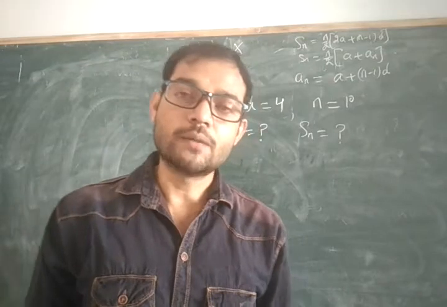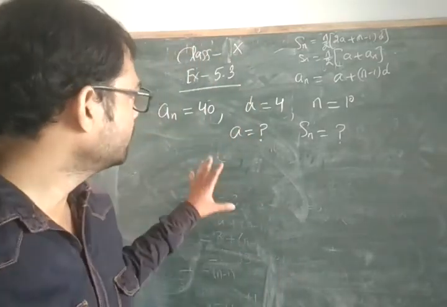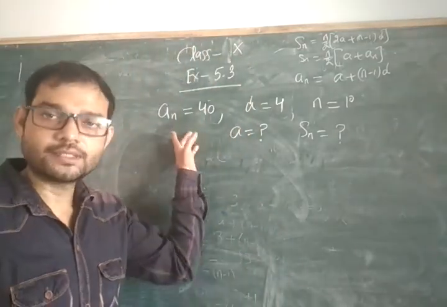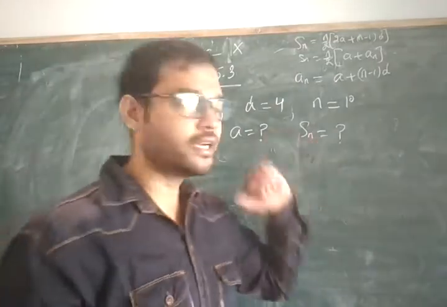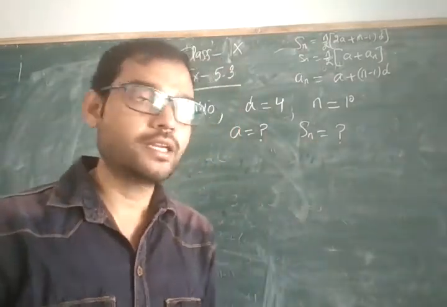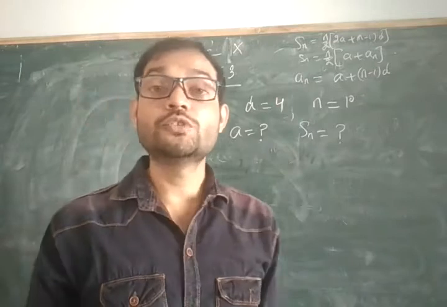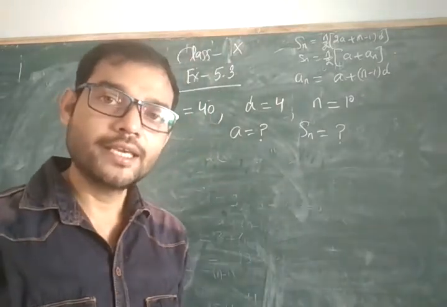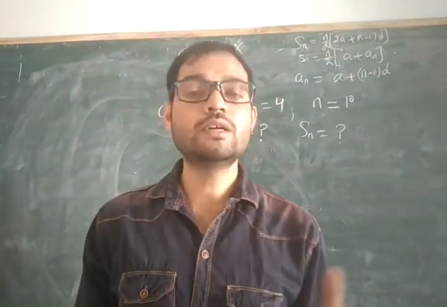For that one आपको चेक करना पड़ेगा. तो अगर मुझे an गिवन है, Sn तो मैंने फाइंड करना है. तो मैं Sn वाला फॉर्मूला पहले यूज़ करूँगा ही. मुझे an गिवन है, so I will apply the formula of an.